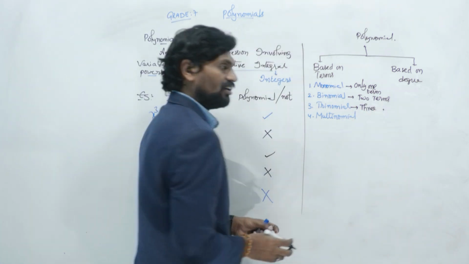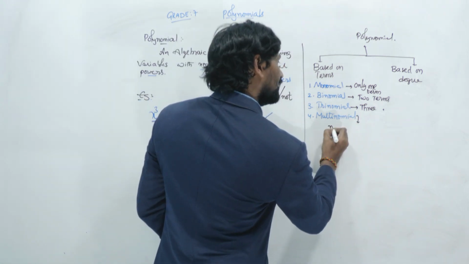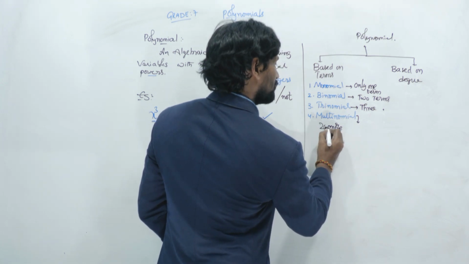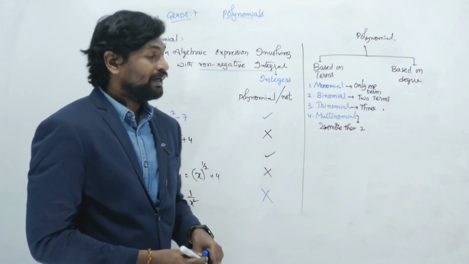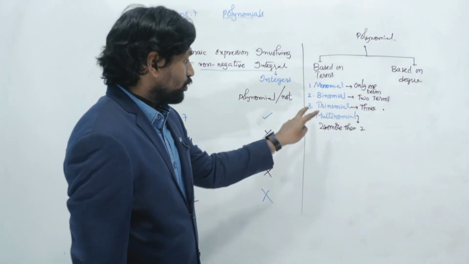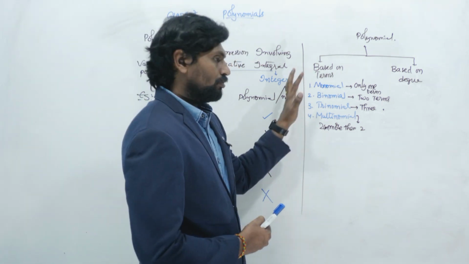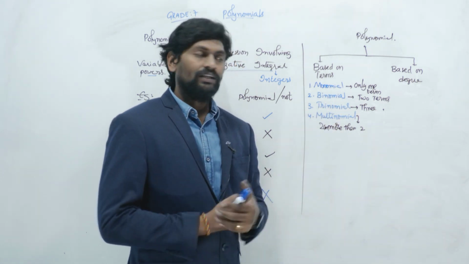And what is a multinomial? A multinomial is nothing but a polynomial with two or more terms. That means a binomial can also be considered a multinomial, and a trinomial can also be considered a multinomial. Clear? So monomial, binomial, trinomial, and multinomial.